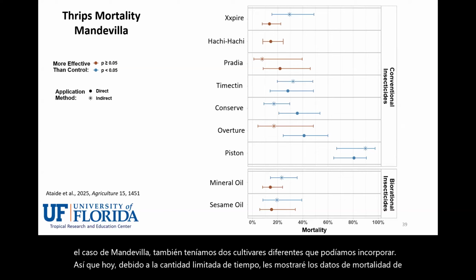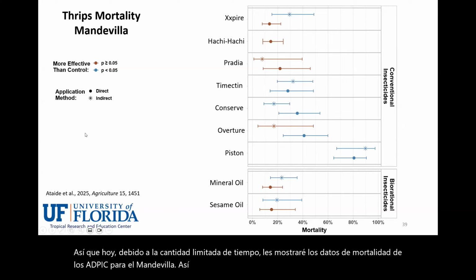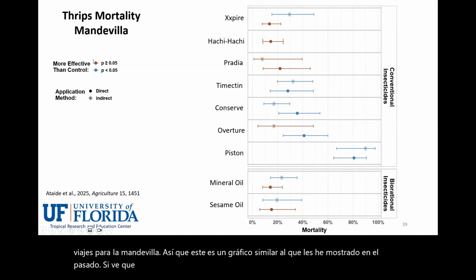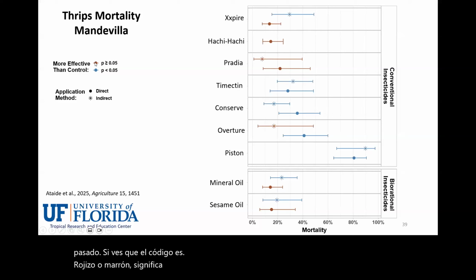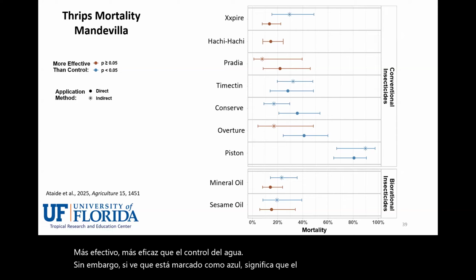This is a similar graph that I have shown you in the past. If you see that the code is reddish or brown, it means that this treatment was not more efficacious than the water control. However, if you see that it is marked as blue, it means that the treatment was more effective than the water control.